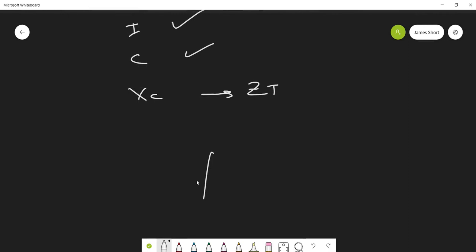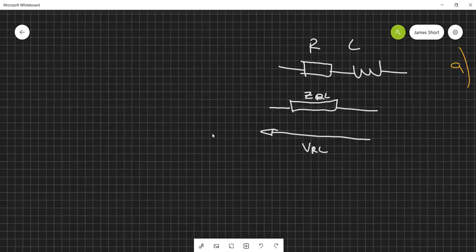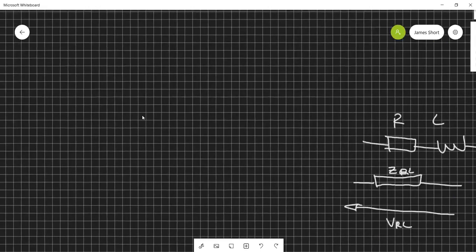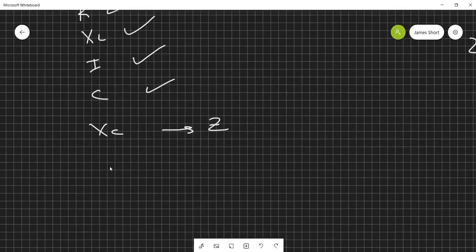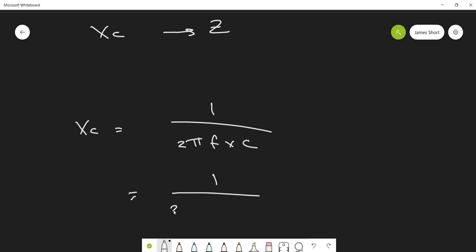So the capacitance was given as, what was the capacitance again? 200 microfarads. So we have XC is equal to 1 over 2 pi f times c, which is equal to 1 over 2 pi times 50 times 200 times 10 to the minus 6.